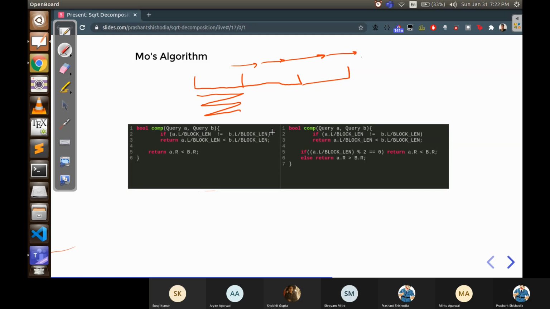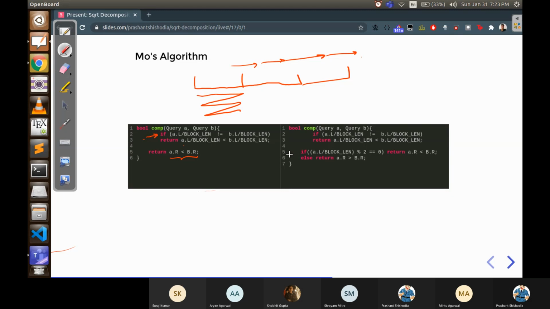This is my sorting algorithm that I use for normal Mo's, where if the block is different for two segments, then I keep the one that lies in the former block first. Otherwise, if they lie in the same block, I sort them by their right endpoint. So this is the normal Mo's sorting.